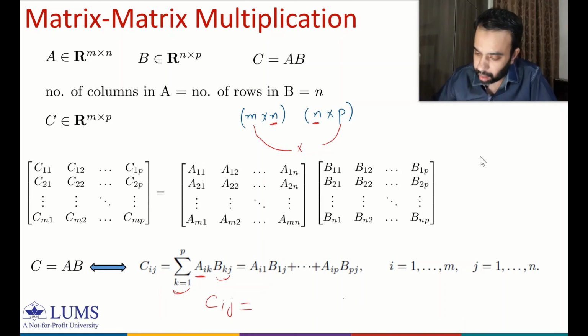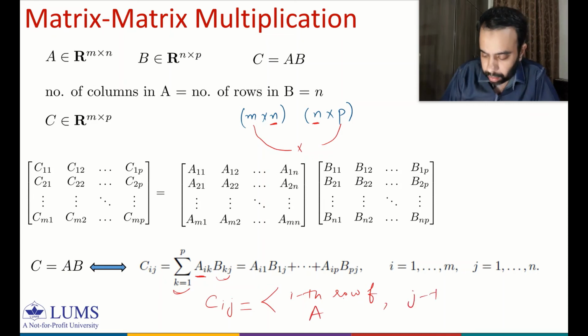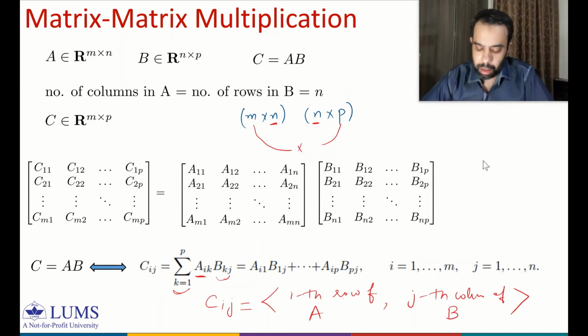Maybe let me explain this. Say we take the ith row of A and the jth column of B. This is the entry of the product C at the ith row and jth column, right?